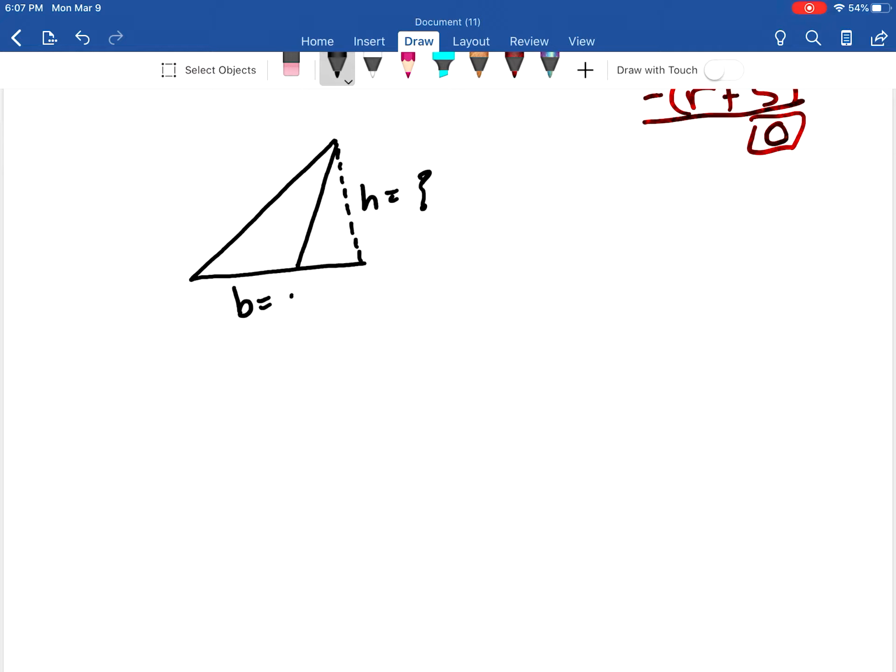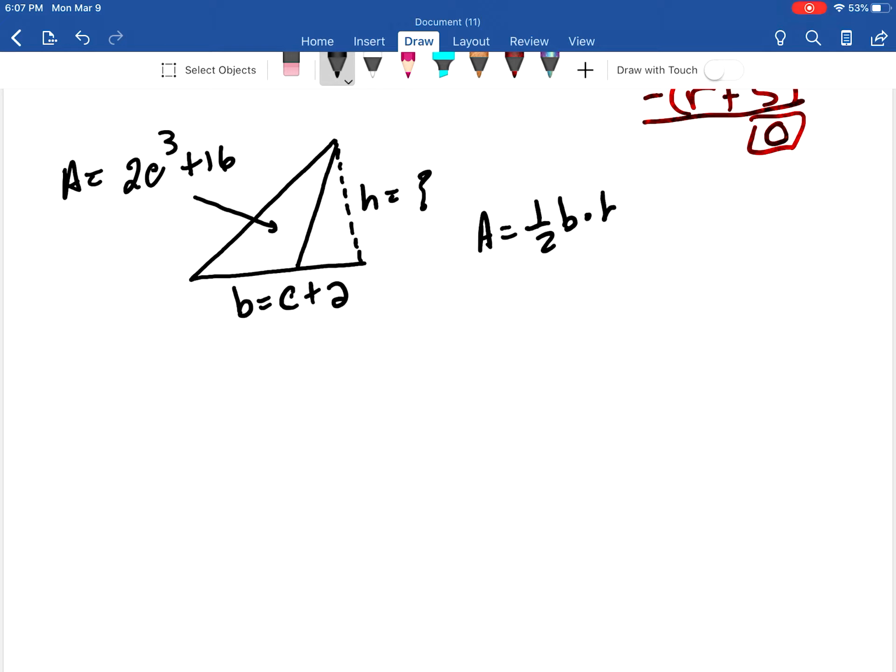And let's say my base of this triangle is equal to c plus 2, and let's say the area of this triangle is equal to 2c cubed plus 16. Now as a reminder, area of a triangle is 1/2 base times height. So really all I'm doing is rewriting this statement.